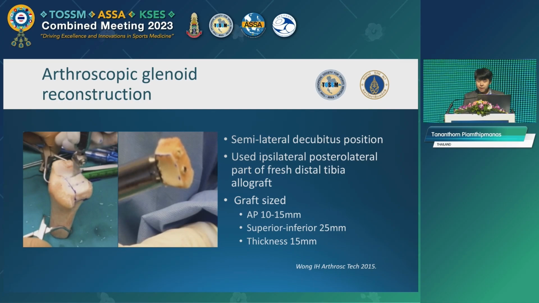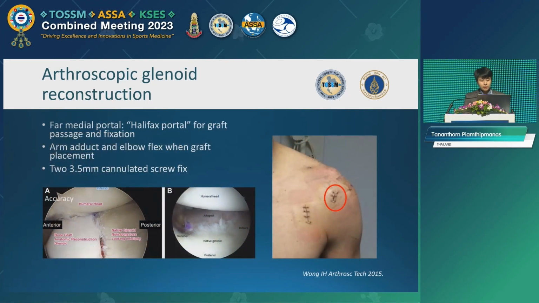The graft he prepared is 10 to 15 millimeters in AP diameter, 25 millimeters superior-inferior, and only 15 millimeters in thickness. For graft passage, he used the far medial portal, called the Halifax portal. This portal has been studied and may slightly violate the cephalic vein, but not the musculocutaneous nerve.